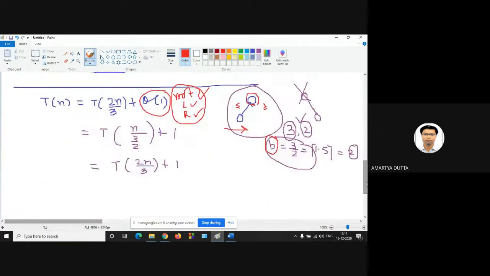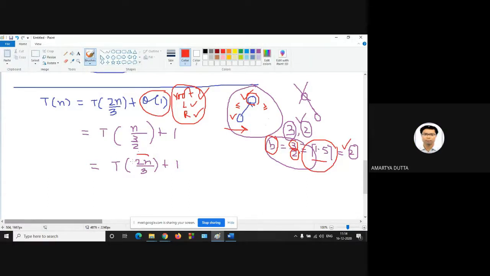So b is equal to, there should be 3 nodes, but at present there are 2 nodes. So 3 by 2, that is 1.5. If we take the ceiling value, then we get 2. So 2 nodes, 1 node, and this is the second node. Now clear? Yes, sir.